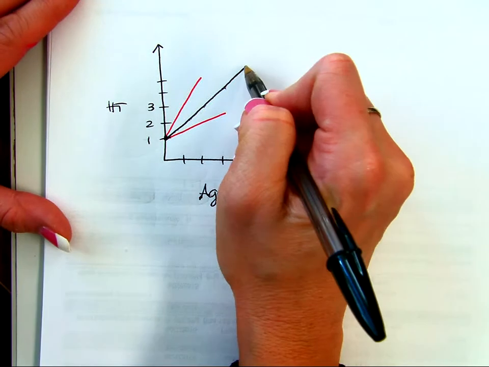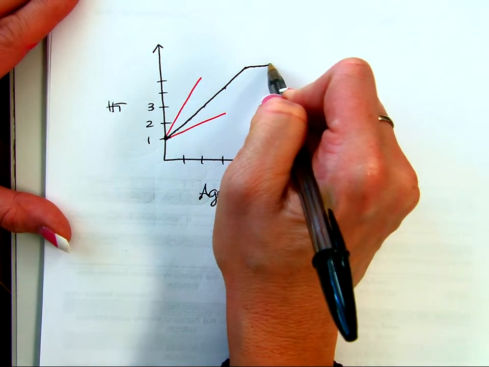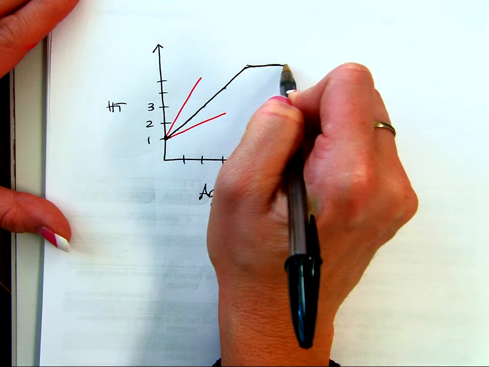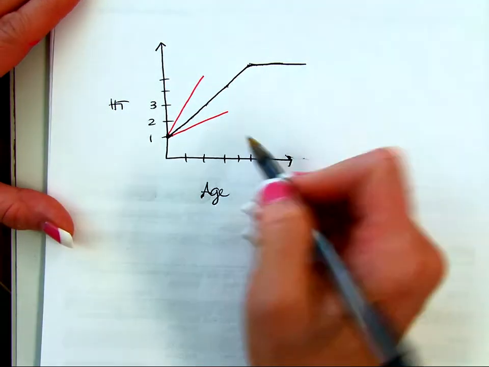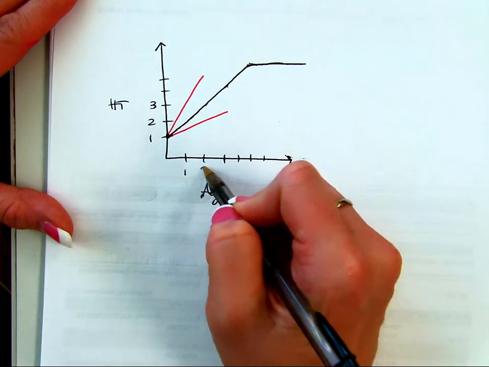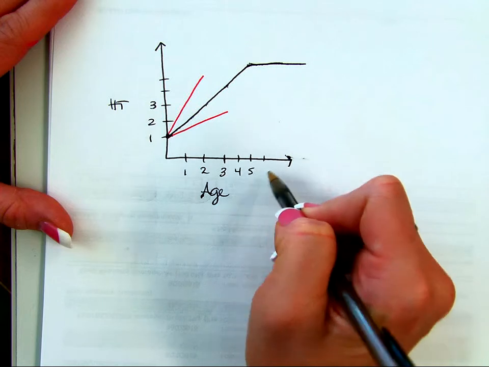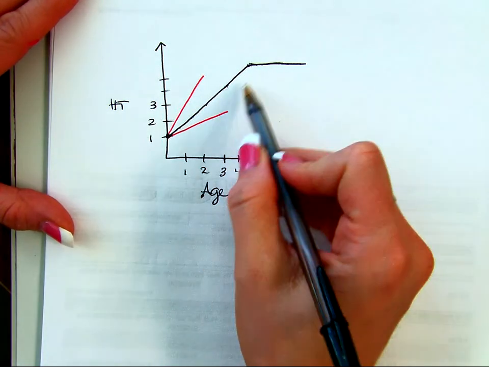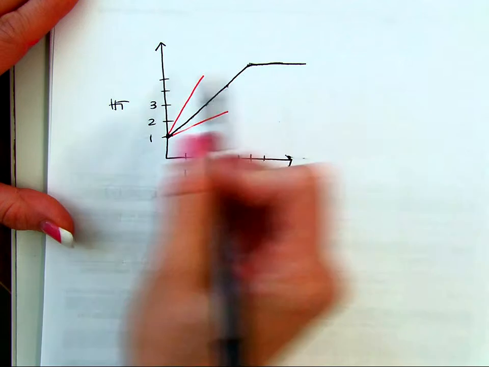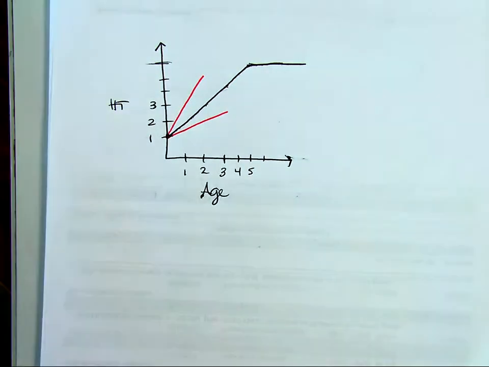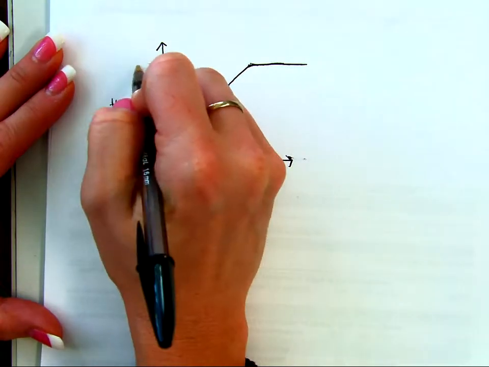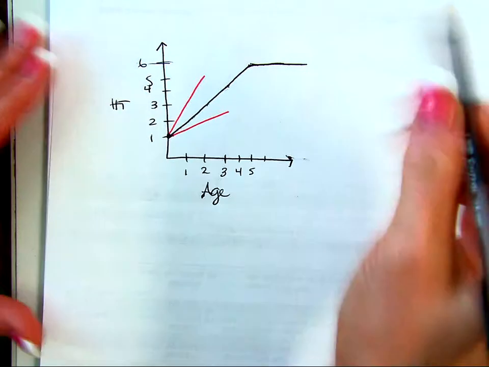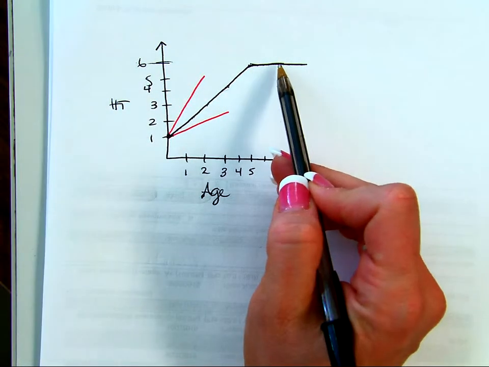At some point, do you agree that your graph starts to look like this? Which means that your age keeps going. Believe me, I wish there was a way to stop the aging process. Your age keeps going, but what stays the same? Your height. So let's say I stop at 4, 5, 6 feet. This person stops growing and they're 6 foot tall.